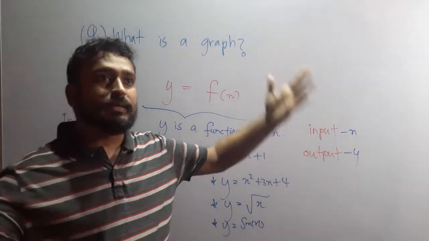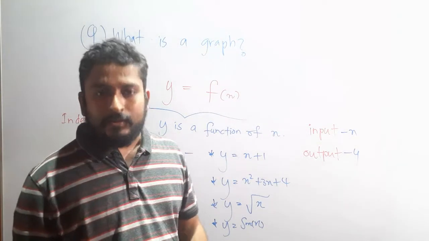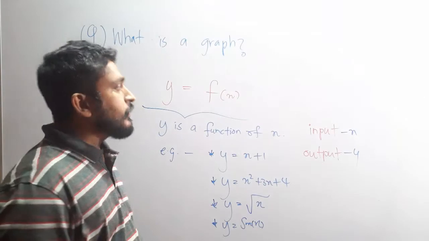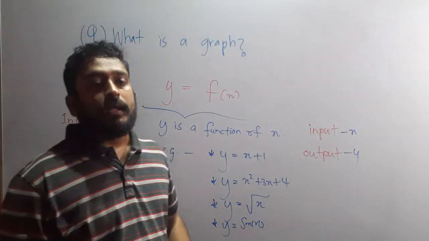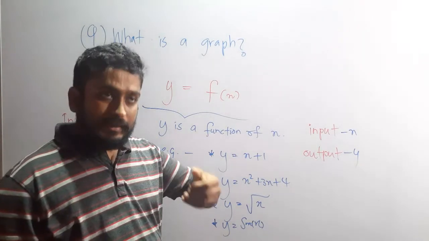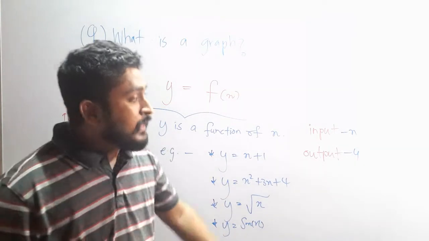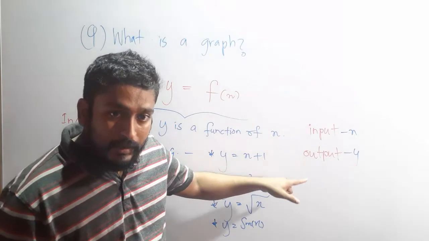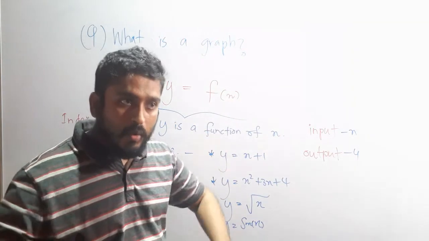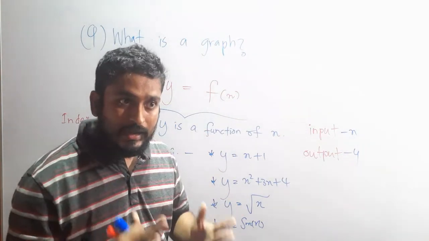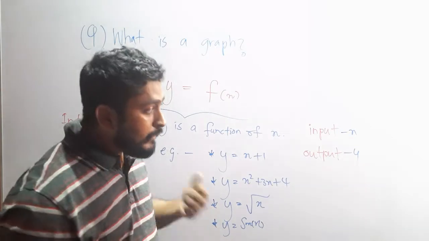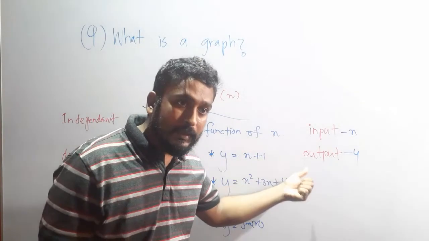The graphical representation or the diagram. That is the graph. Again, what is a graph? Graph is the diagram which gives you the relationship between the input variable and the output variable of a function. Or the locus diagram between the input variable and the output variable of a function.